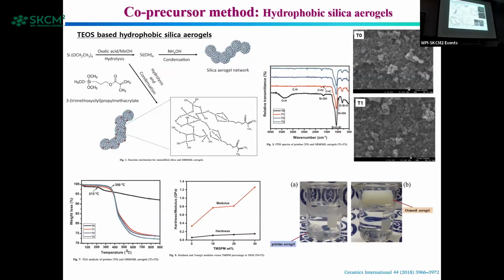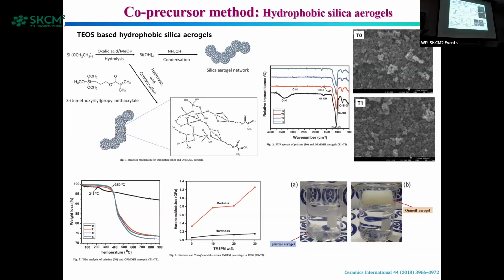Okay, in this work, we used a co-precursor. The co-precursor method is nothing but using a silica-based co-precursor to modify the surface. This is also a good technique to modify silica aerogels to increase the mechanical properties. Basically the silica network has some hydrolytic groups on the surface, so we can cross-link that with a silica precursor, 3-trimethoxysilyl propyl methacrylate, TMSPM we can say, and we get a cross-linked silica network.